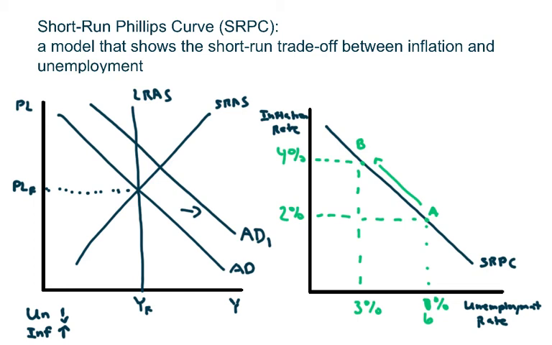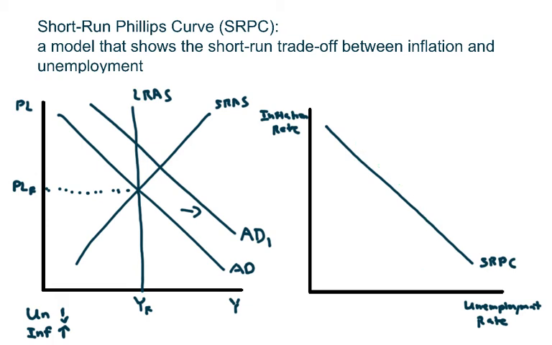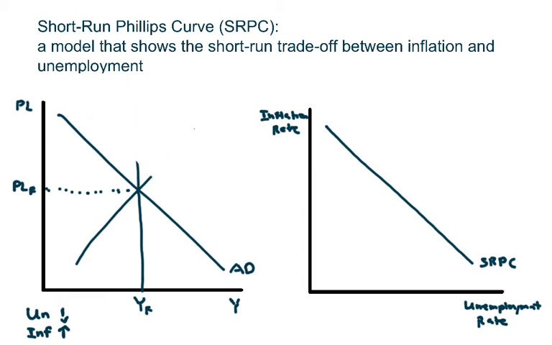So now I'm going to go ahead and clear all of this out. I'm going to keep the Phillips curve where it is, and get rid of the aggregate demand. We'll just redraw the aggregate demand, aggregate supply graph here.